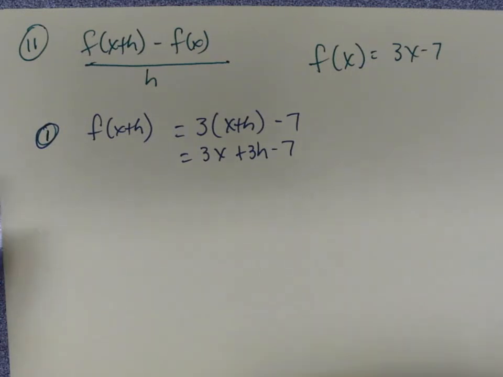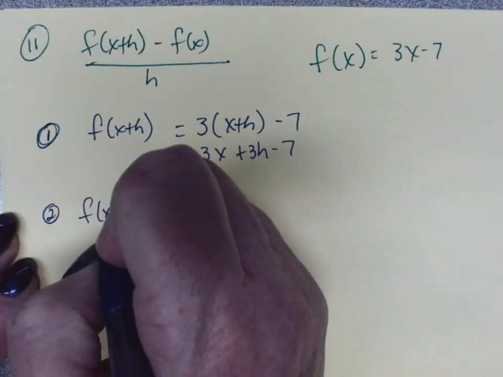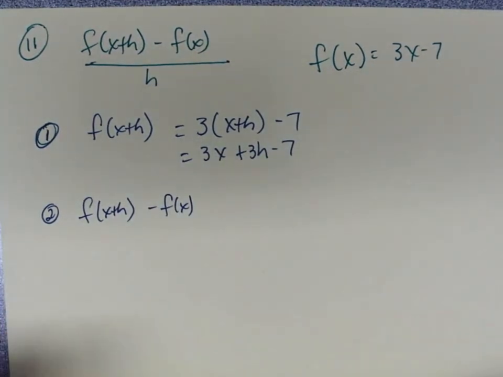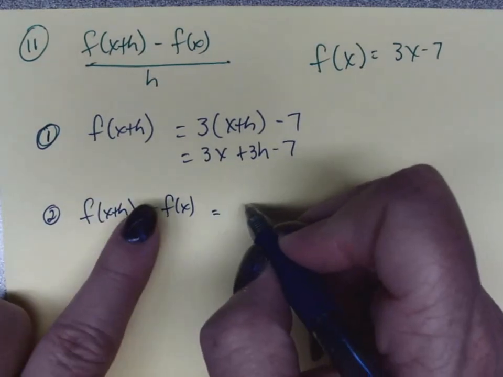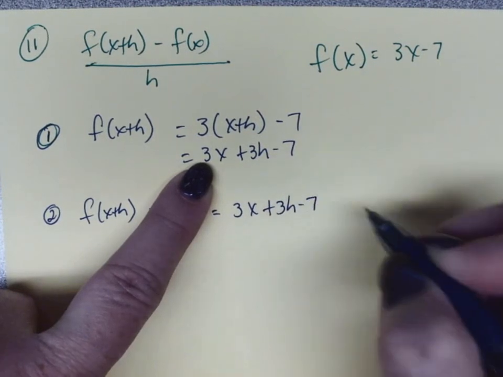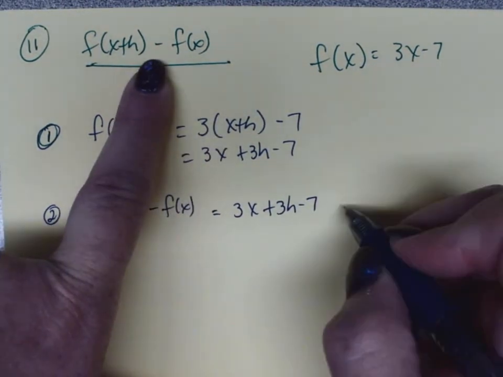All right, so our next step, step 2, will be to take our f of x plus h and subtract our f of x. We already know what f of x plus h is. This is going to be our 3x plus 3h minus 7 that we found in step 1, and then we're going to subtract the function.